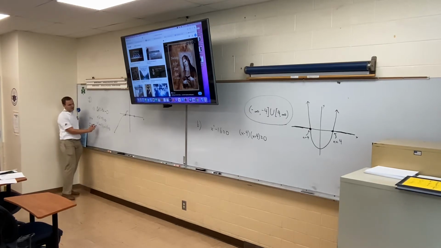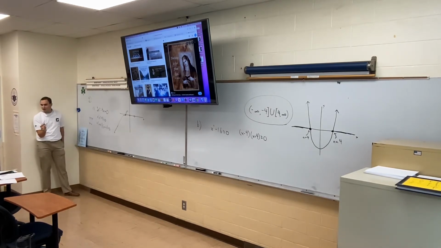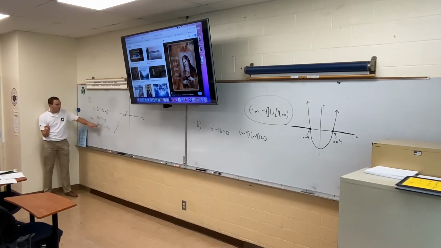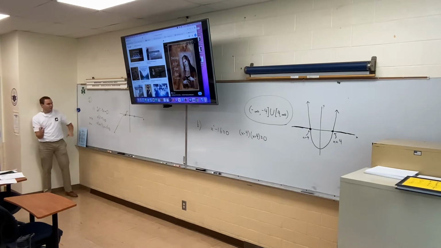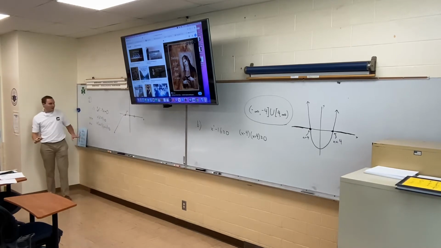So for negative 2, the multiplicity is 1 because the x plus 2 factor has an exponent of 1. It's an odd number, so the graph goes straight through that zero. Okay? My art skills are terrible.